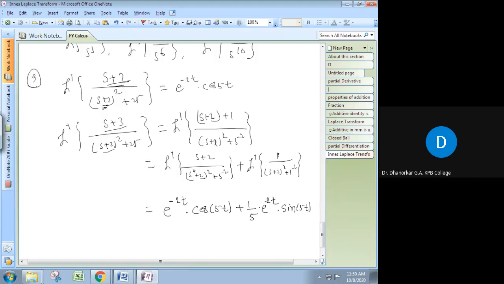Okay, sine of 5t. Means in this same example, if I change this a little bit, then you will get your time domain answer in this way.